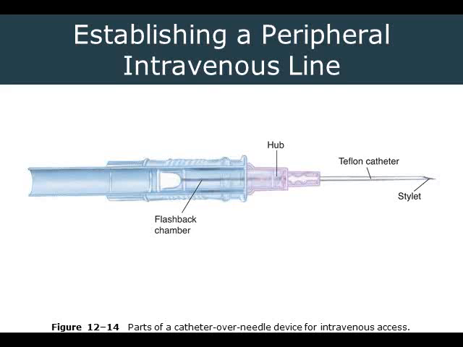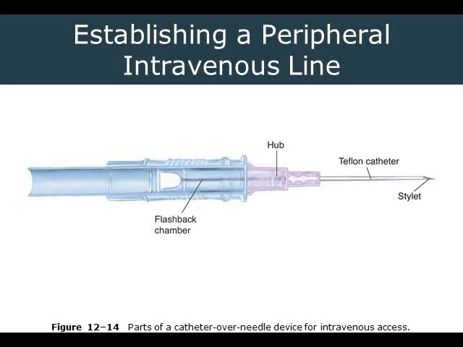This style of catheter is called catheter over the needle, meaning that the needle is in the center of the catheter and is pulled out. There is a rarely used type of catheter that's actually a catheter through the needle device, in which after the catheter is introduced to the vein, the needle is withdrawn.